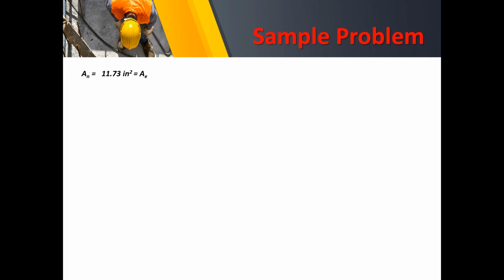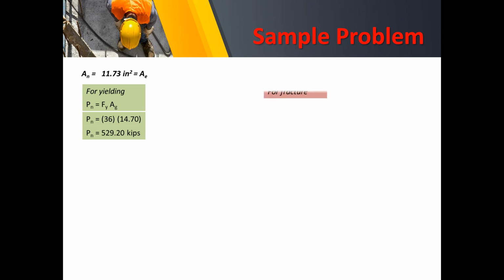Of course, what we do next is to compute the nominal load P sub n. Now for yielding, we just have to pair Fy to Ag. Okay, Fy for A36 steel is 36 multiplied by the gross area, 14.7. So we will come up with a value of P sub n is equal to 529.2, or the nominal load.